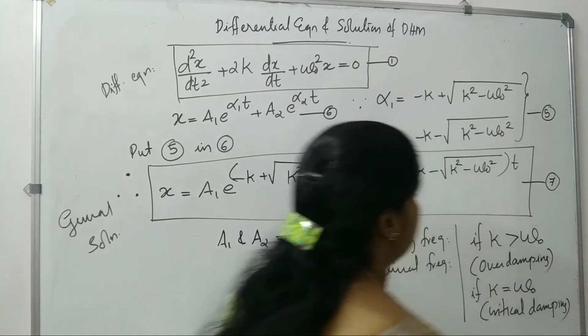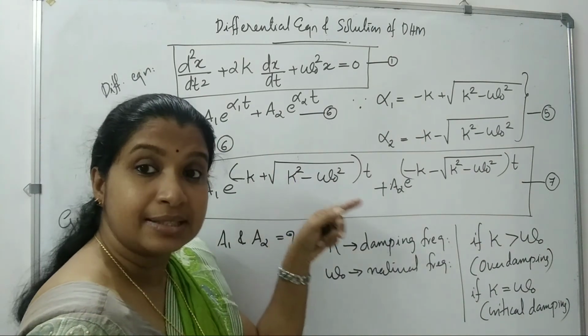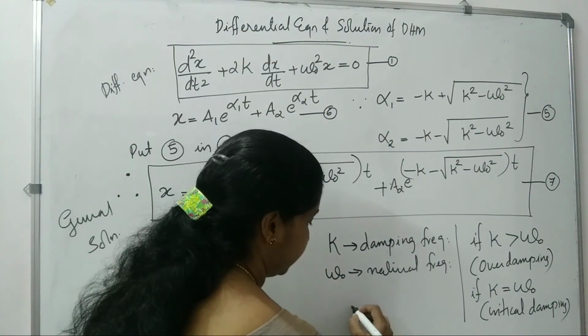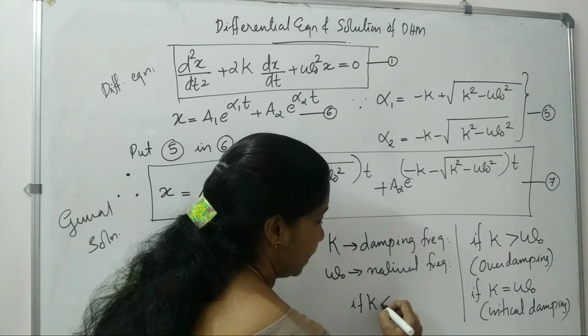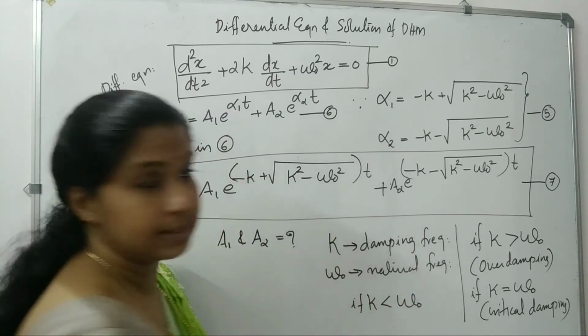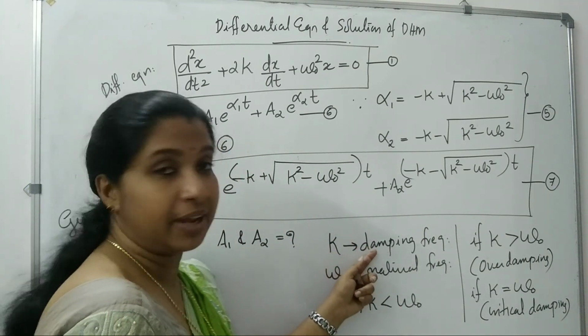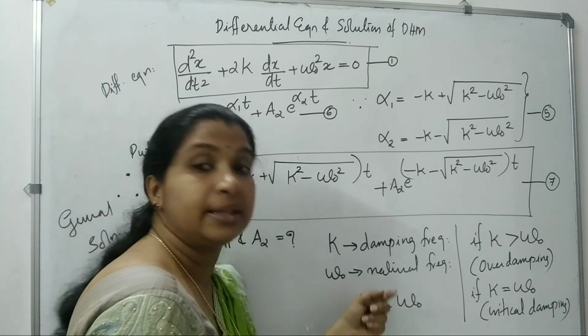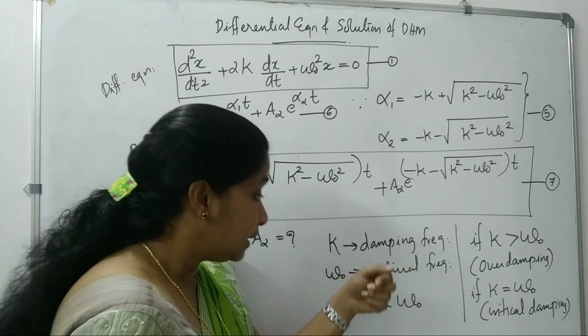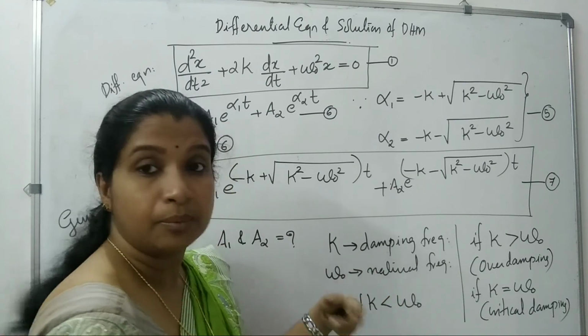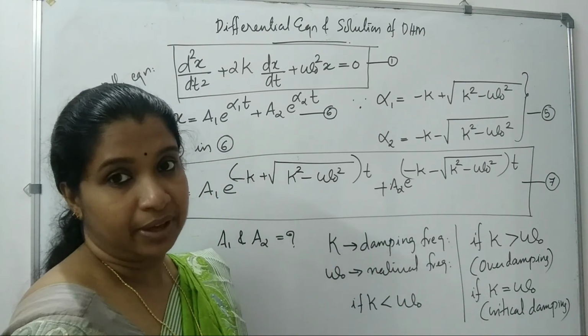And one more condition is there: if k less than omega 0, that means damping frequency is less than the natural frequency. In that condition, body oscillates in a different way.